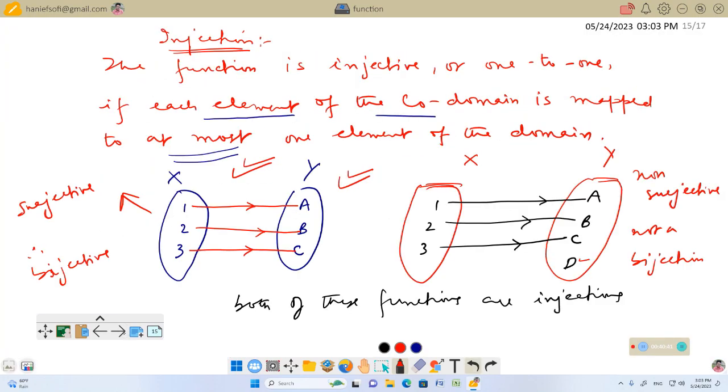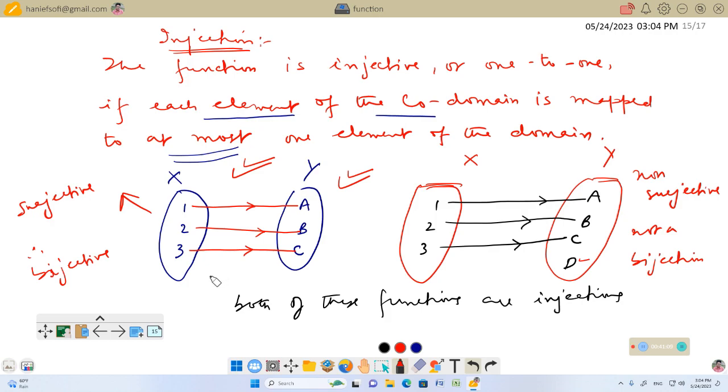So you can see all injections are single valued. When it is an injection, it is a single valued function, right? When it is a bijection, it is a single valued function.